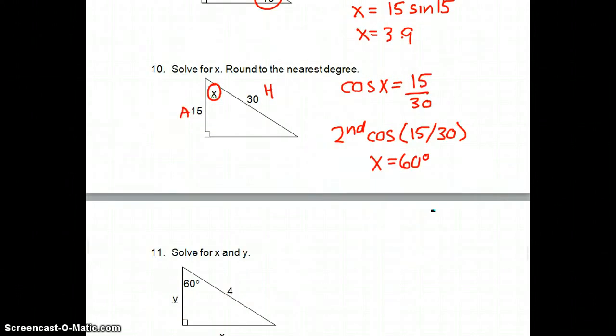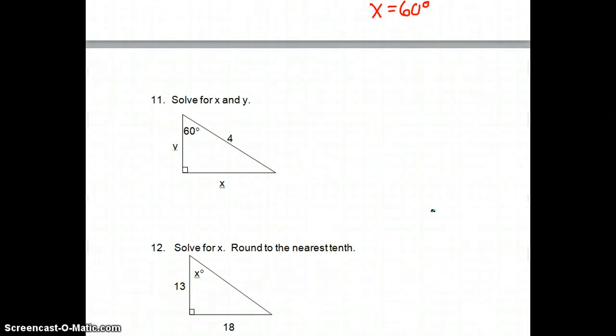Number 11. Solve for x and y. Alright, here's our angle. Our hypotenuse always stays the same. So x is going to be opposite. And from this angle, y is adjacent. So we're going to use two different ratios this time. For x, we're going to use sine.